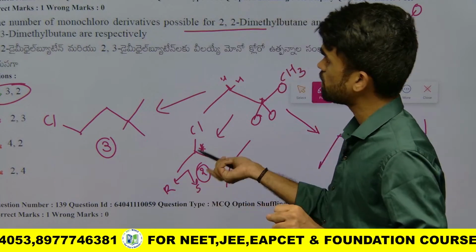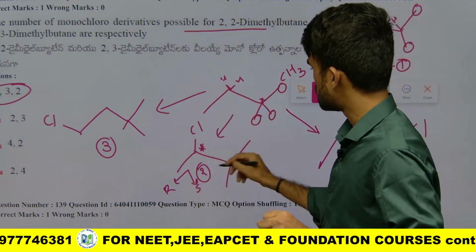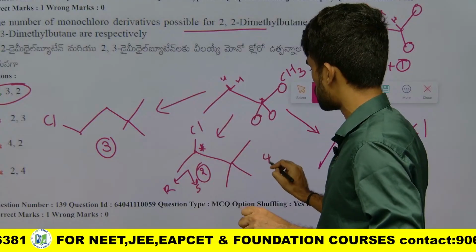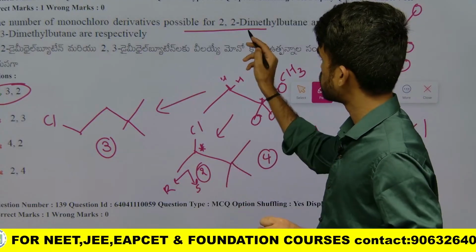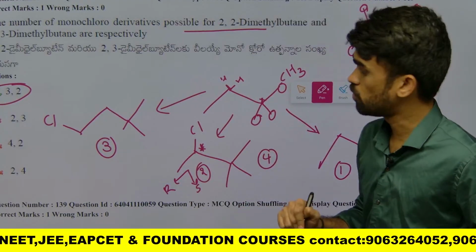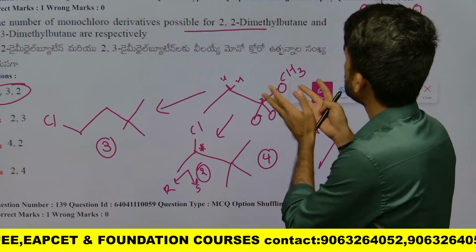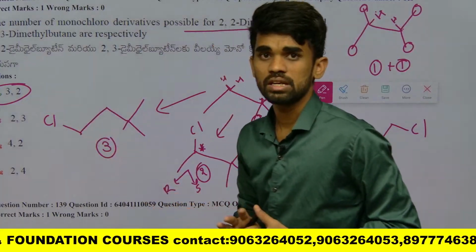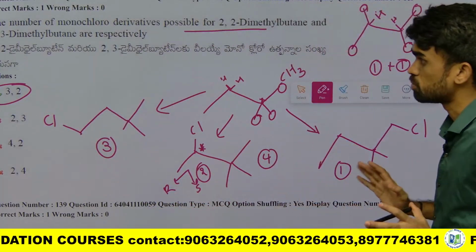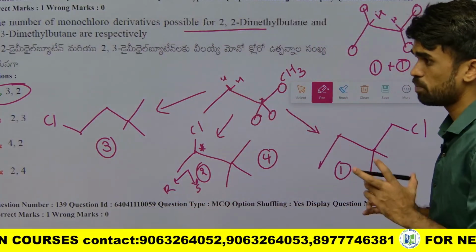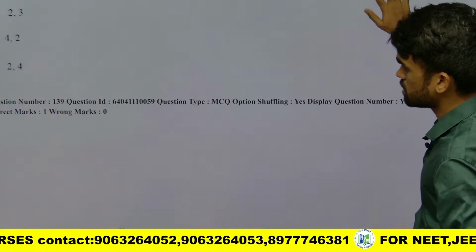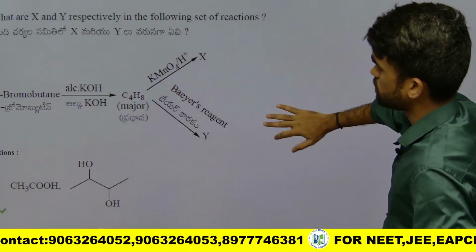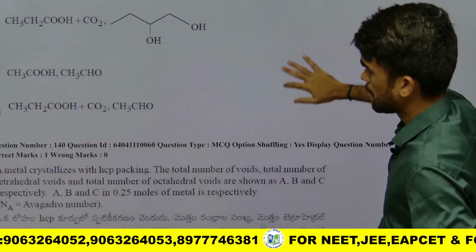If we consider stereoisomers also, then the answer in the first case, for 2,2-dimethyl butane, will be 4. But they haven't said anything about the stereochemistry point of view, so we go with the normal answer, just structural isomers, that is 3 and 2. Hope it is clear. Next, this we discussed in the last class only.